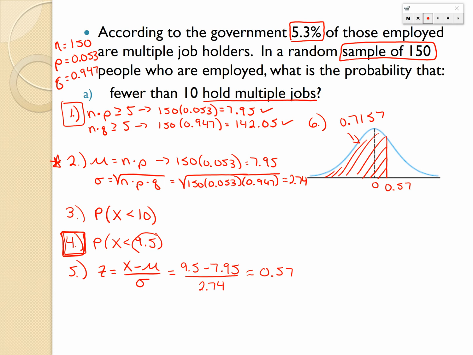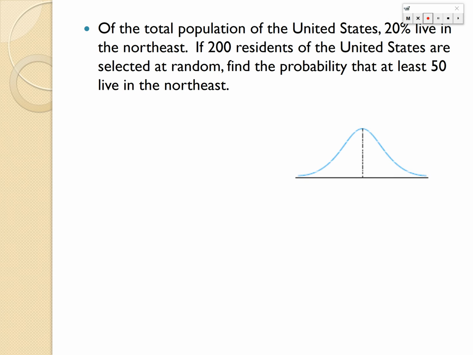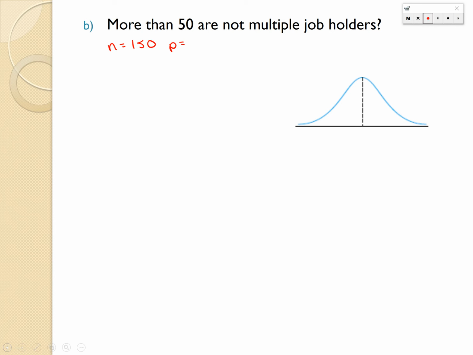Let's stick with this same opening here, the same problem situation. But let's take a look at more than 50 are not multiple job holders. Here's where you have to be very careful. My N, I'm still choosing 150 people. But now my P, my probability of success is no longer the 5.3%.